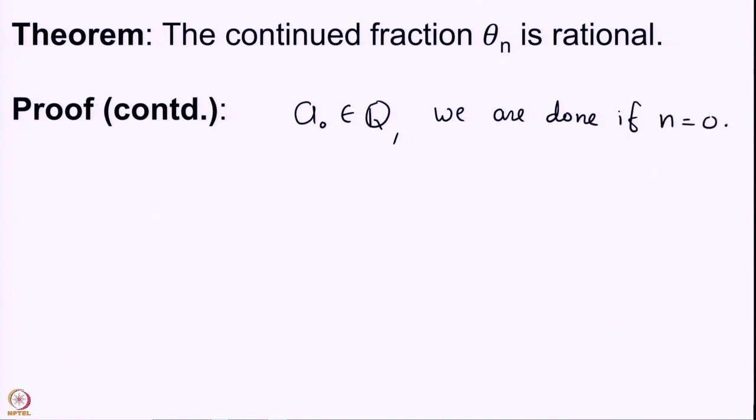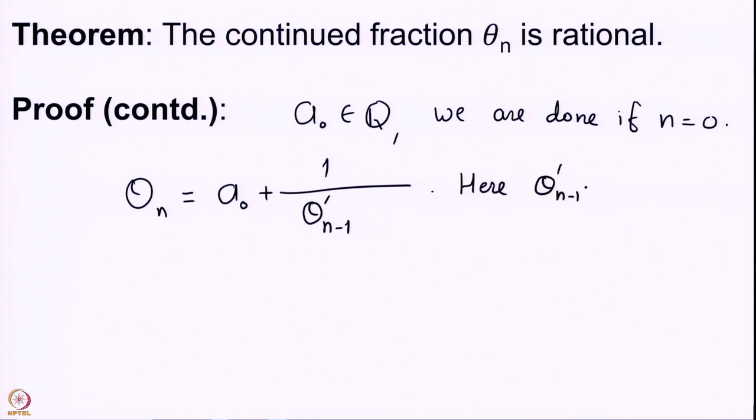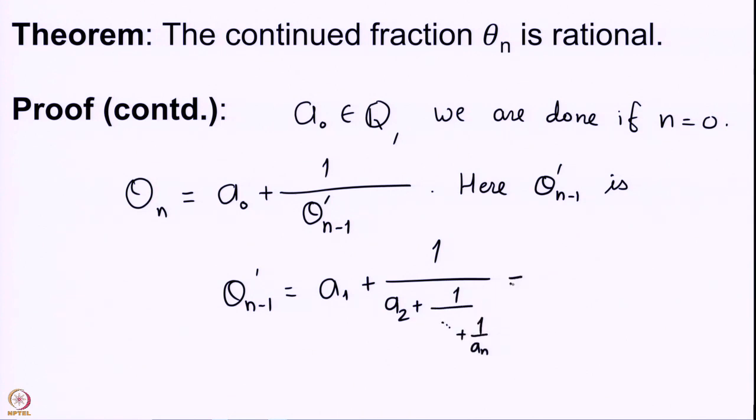Moreover, any theta n can be written as a0 plus 1 upon theta prime n minus 1, where theta prime n minus 1 has a continued fraction expansion: a1 plus 1 upon a2 plus 1 upon dot dot dot plus 1 upon an, which we write as b0 plus 1 upon b1 plus 1 upon dot dot dot 1 upon b n minus 1.